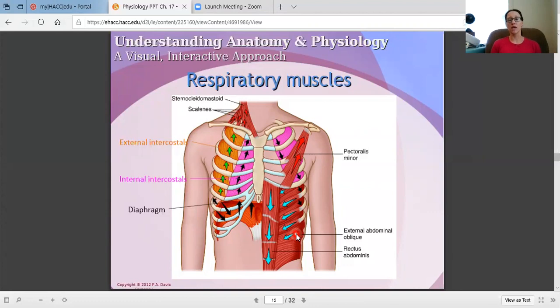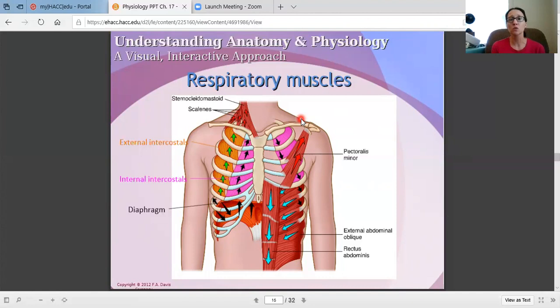But if we need to force air out, like if we're laughing or coughing, they engage pretty quickly, and you can feel that. Anyone ever laughed so hard that the next day their abs hurt? It's a wonderful feeling, but it also illustrates that these muscles engage when we forcefully exhale.